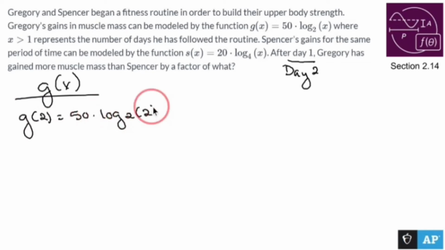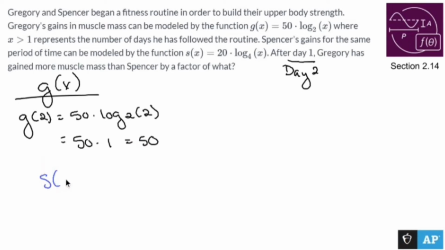Now, before you freak out and say, how am I going to do that, I don't have a calculator: first off, log base 2 of 2 is 1. So it's 50 times 1, which is 50. Whatever that means, 50, I don't know, megatons, whatever. That's what Gregory is.